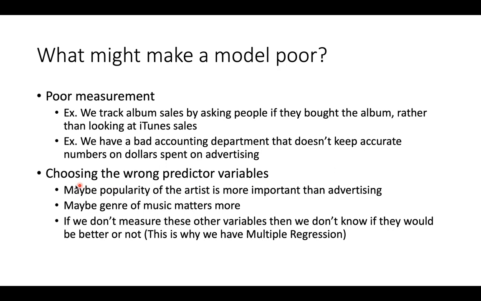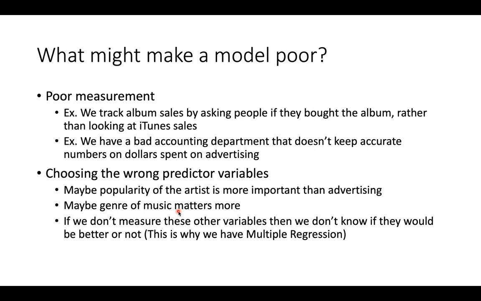Or we could be choosing the wrong predictor variables, right? So we're interested in album sales. Maybe advertising dollars doesn't have a lot to do with that anymore, right? Maybe it's more about popularity of the artist, or social media presence, or genre of the music. Just because we chose advertising dollars as a predictor doesn't necessarily make it a good predictor. There might be other better predictors out there.